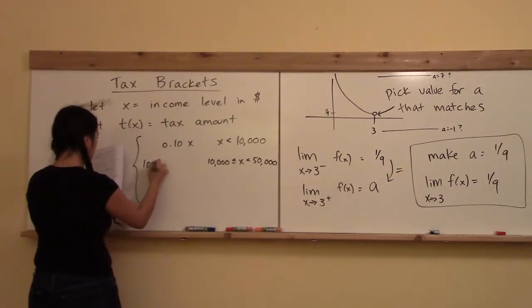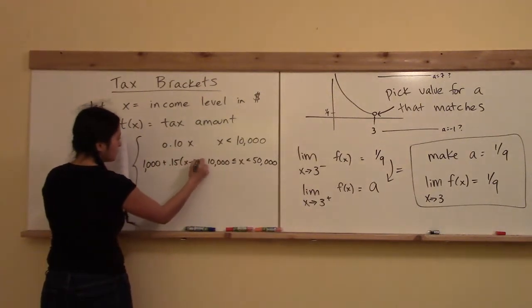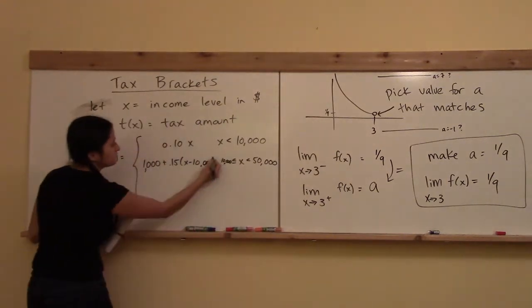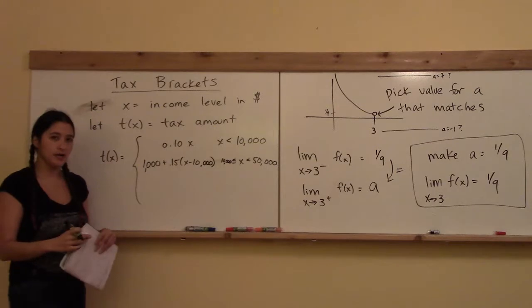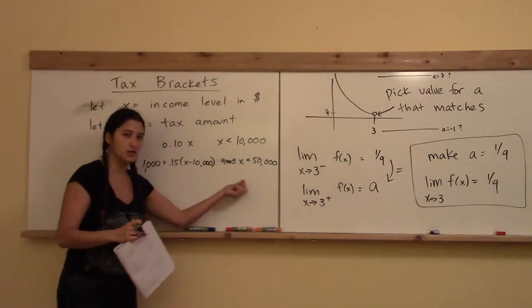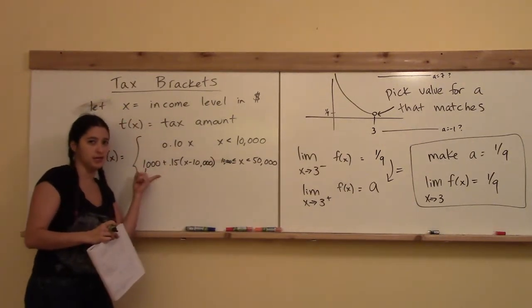Then I'll have to pay $1,000 plus 0.15 times x minus 10,000. Sorry, this is getting a little squishy. Alright, so now if I'm in a little bit higher bracket where I make between $10,000 and $50,000, including the 10, then this number is going to calculate my taxes.